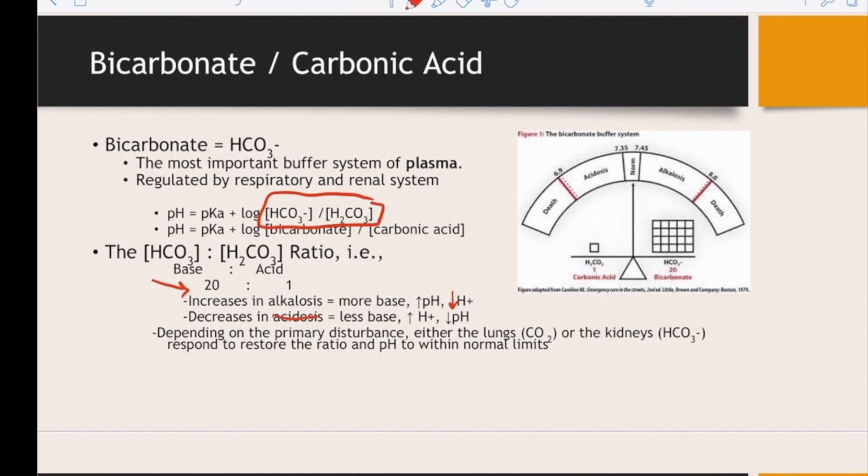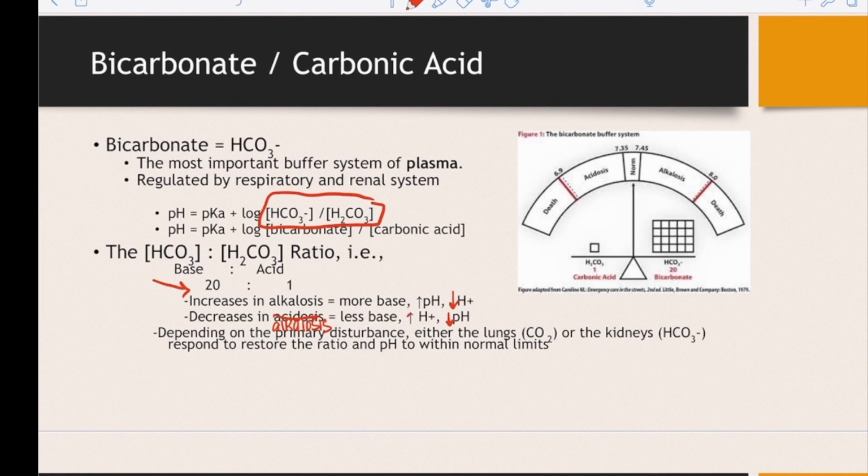This should say alkalosis. If you have less base, that means that you're going to be more acidic. And so your pH is going to drop, and your protons are going to increase, because the more acidic something is, the more protons.